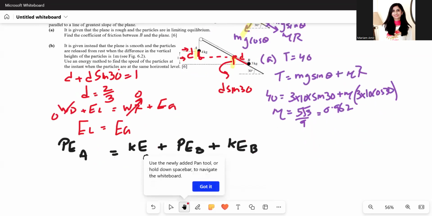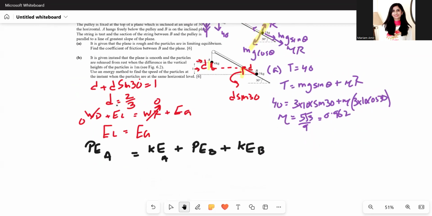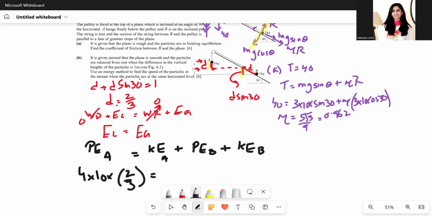Okay, now let's substitute the formulas here. Potential energy at A would be mgh. M is 4, g is 10, and h is d, the difference in vertical height, which was 2 by 3, equals the kinetic energy at A, or the kinetic energy's difference at two levels of A. Initially the kinetic energy was zero because the speed is zero, and then the speed increases as the height drops.